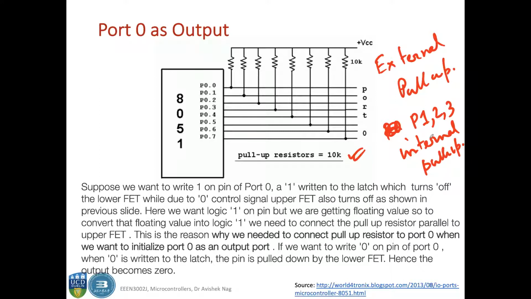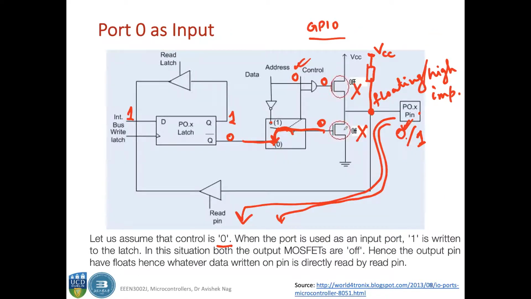So this is what is required. This differentiates port 0 from the other ports, because it doesn't have an internal pull up resistor. You have to connect external pull up resistors to avoid this floating or high impedance state while you are configuring this for read operation.